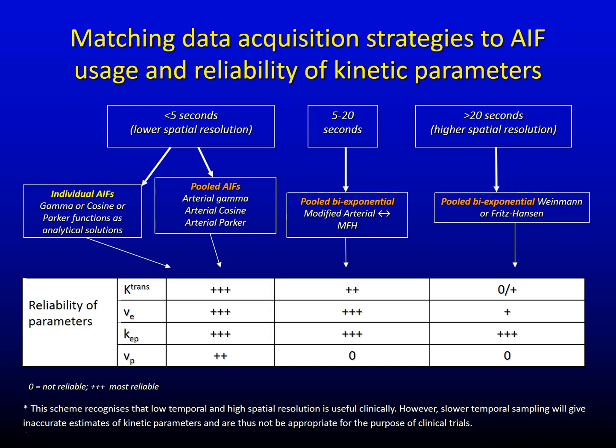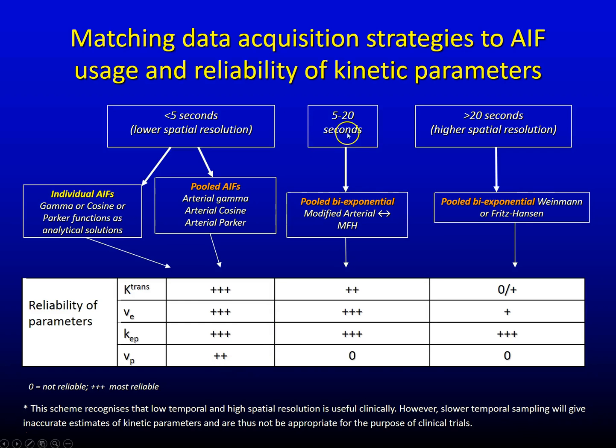So what is the best input function to use for DCE-MRI? And how reliable are the kinetic parameters? Well, if you have a really fast acquisition with less than 5 seconds of time resolution, you could use one of a number of different functions, pooled or individual AIFs, and the reliability of Ktrans, leakage space, KEP, and VP would be very good.